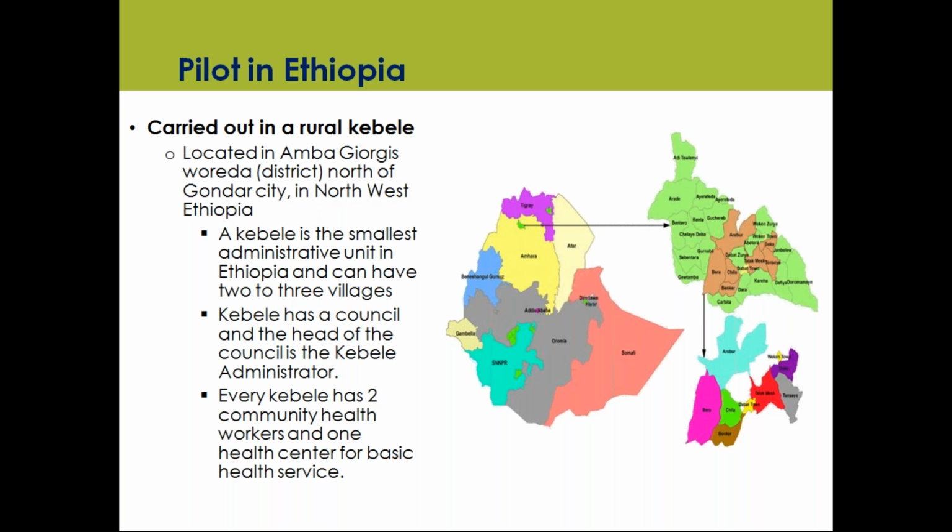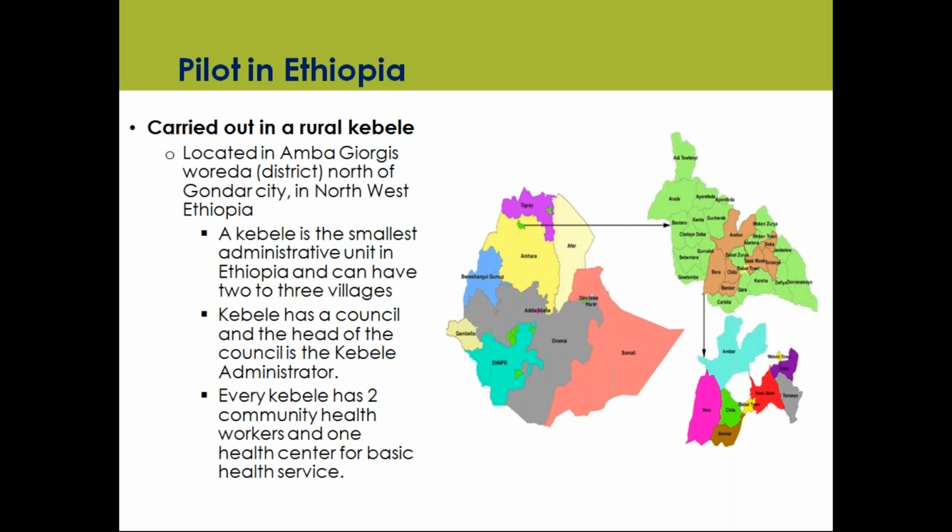So this was done in one of the places, and as you can see in the map here, it's in the Amhara region, not in the center. It's far away, near the border of another province within Ethiopia.